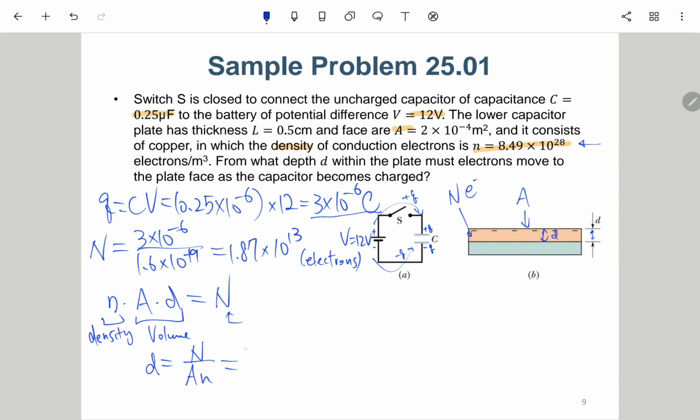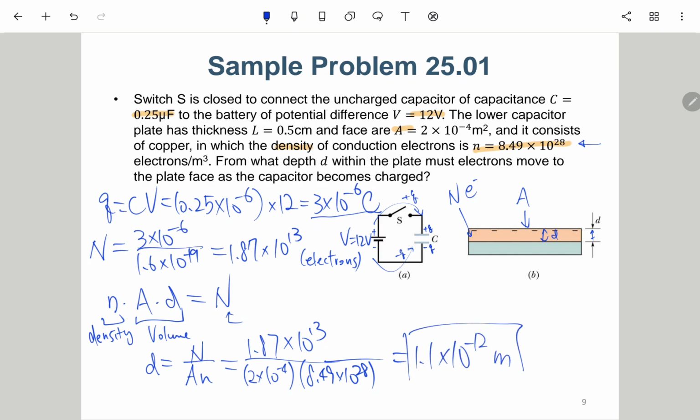So this is nothing but 1.87 times 10 to the 13 power, and then A is 2 times 10 to negative 4, and then times 8.94 times 10 to the 28th power. So it is nothing but 1.1 times 10 to negative 12 meter.